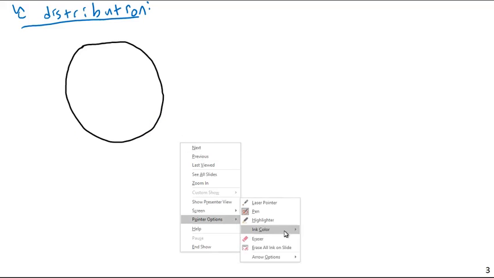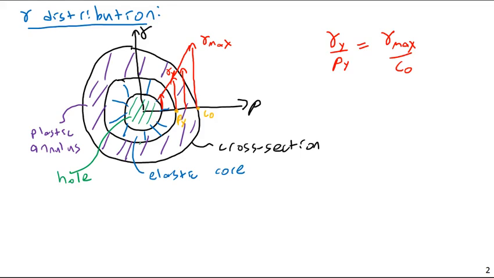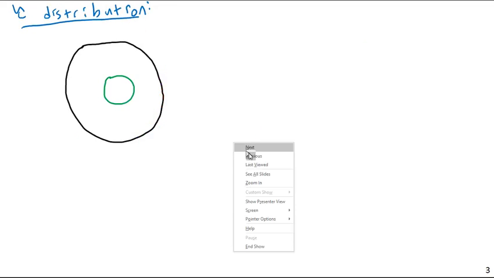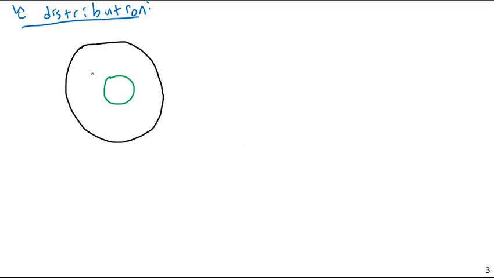So I think I'll actually make the hole green. I'll have a green hole in it, and then a blue elastic core here.